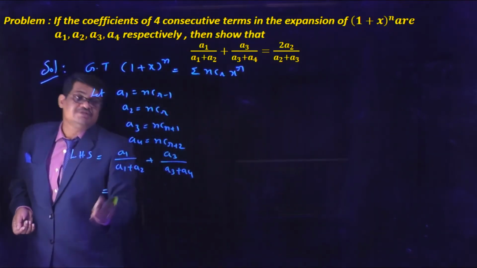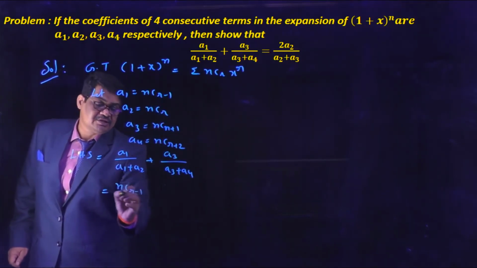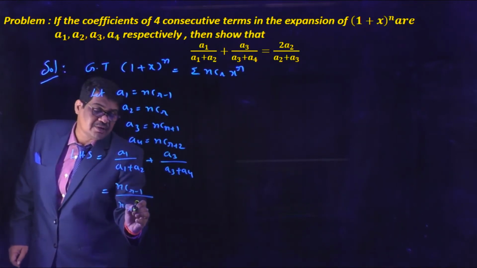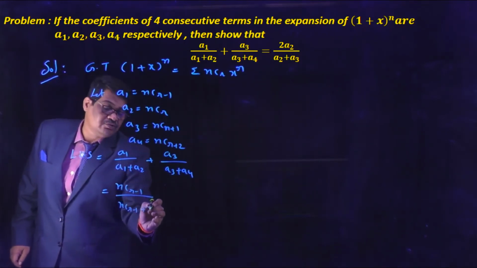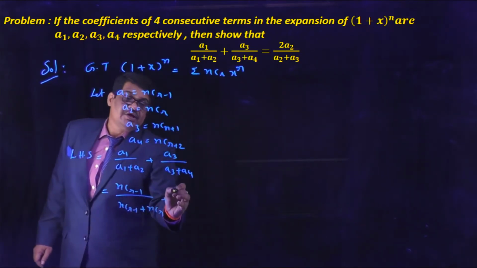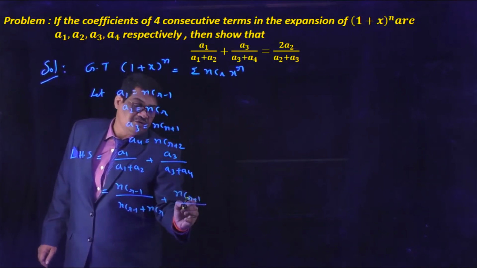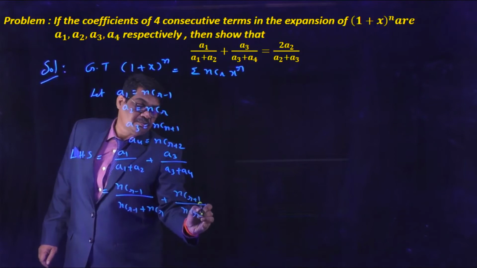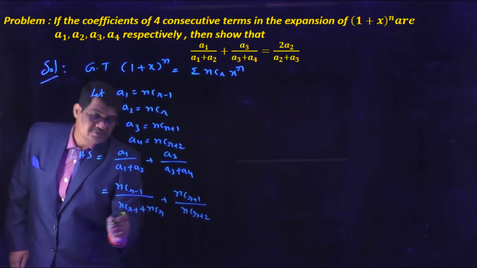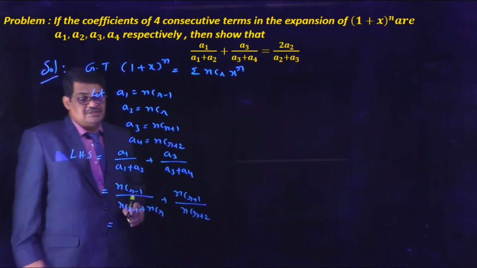Now we are writing the a1, a2, a3, a4 values in that. What is a1? a1 is here nC(r−1) by (a1 plus a2), nC(r−1) plus nCr. Plus a3 by (a3 plus a4), a3 is nC(r+1) by nC(r+1) plus nC(r+2). Now we are dividing numerator and denominator by nC(r−1).